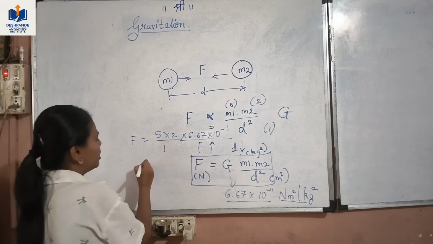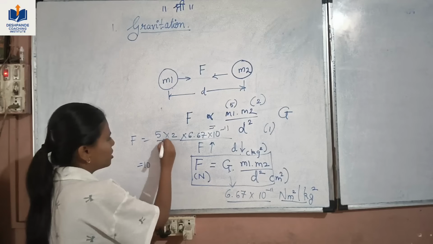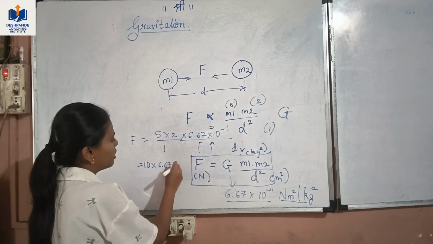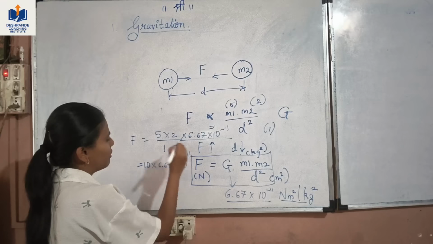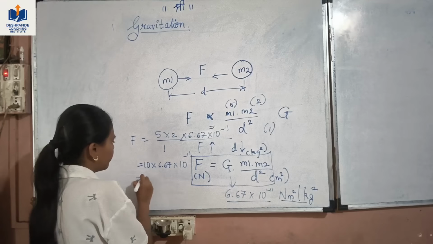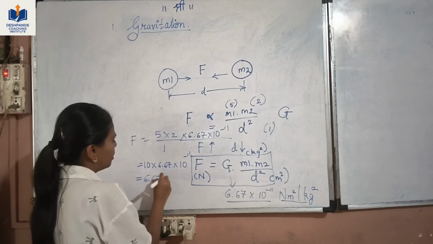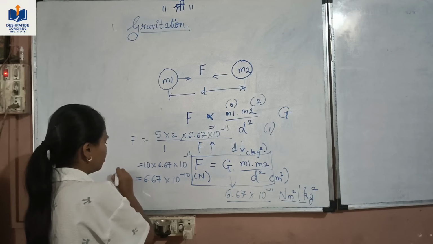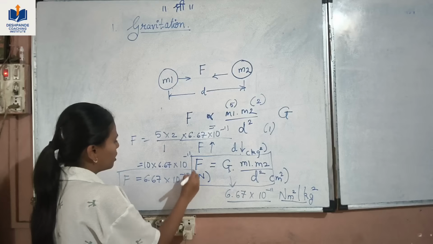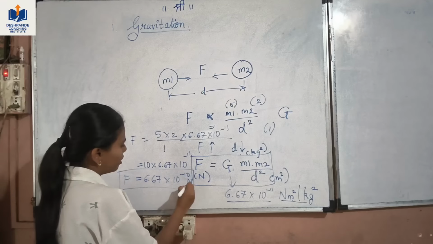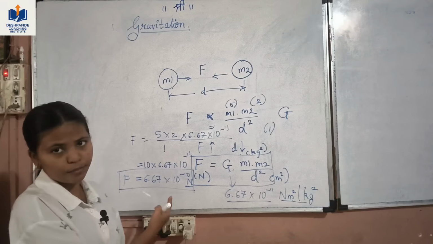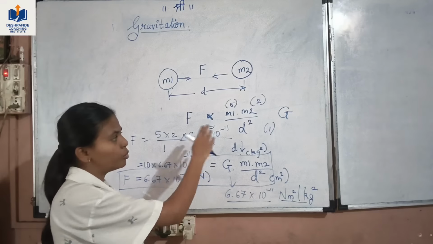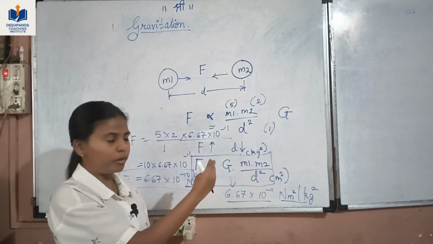So you have to calculate this, which is nothing but 5 into 2, 10 into 6.67 into 10 to the power minus 11. Then it becomes 6.67 into 10 to the power minus 10. So the force is Newton. Don't forget to write the unit. So this is the answer. It's a pretty simple example to find the force by the universal gravitational formula.